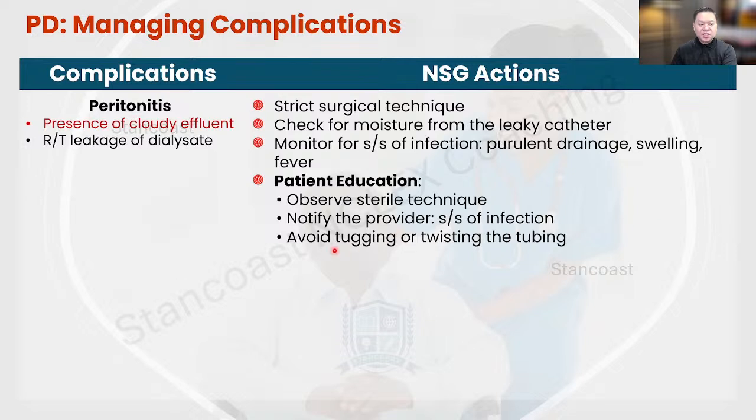So that is one teaching here, that they need to avoid tugging and twisting the tube, and they need to notify their medical provider if they experience fever, chills, or any signs of leak from the dialysate, okay? So those are signs of peritonitis aside from the chills and the fever.